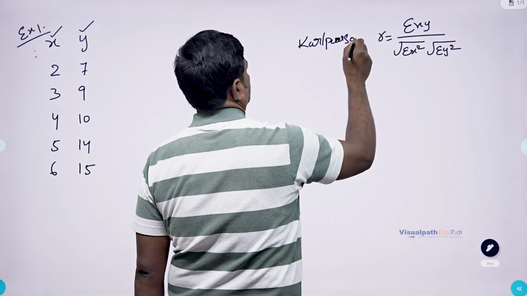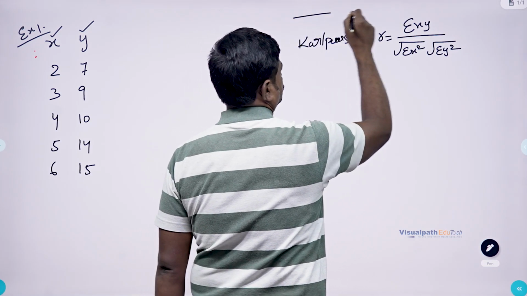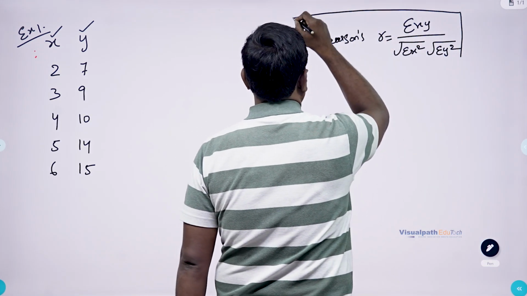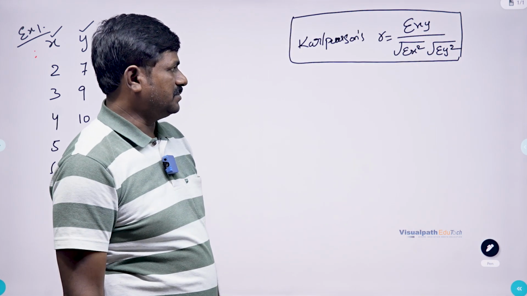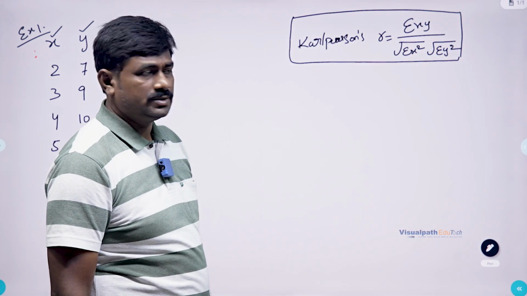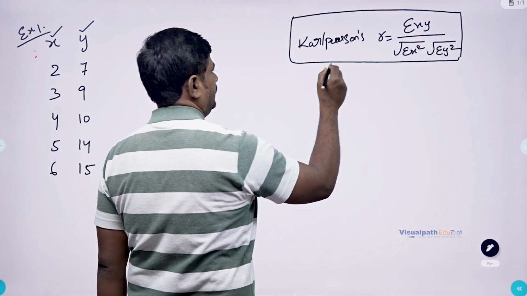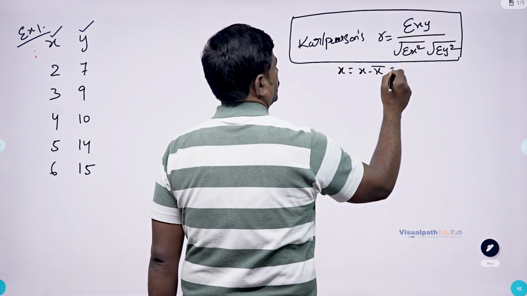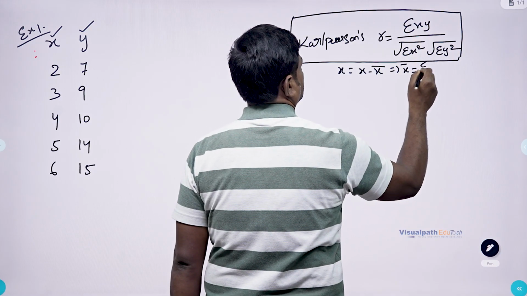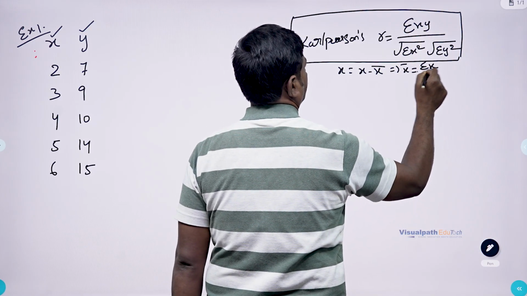r is equal to sigma xy divided by the square root of sigma x square into the square root of sigma y square, where x is equal to X minus X bar, and X bar is equal to sigma X by n. We know this.